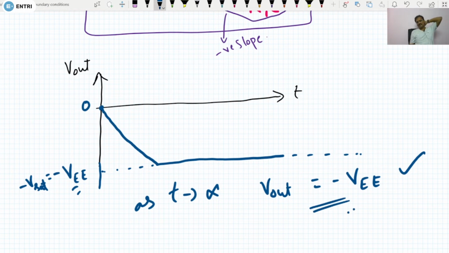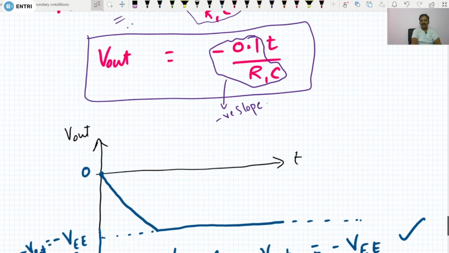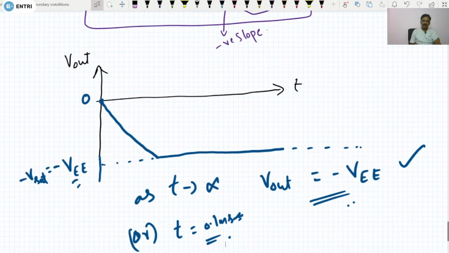We don't know whether they have asked for t equal to infinity, or whether they would have given some t value like 0.1 millisecond. If they had, you would substitute that value in the V out expression and get the output voltage. We don't have any data on whether they have asked for t tends to infinity or for a particular value of t.